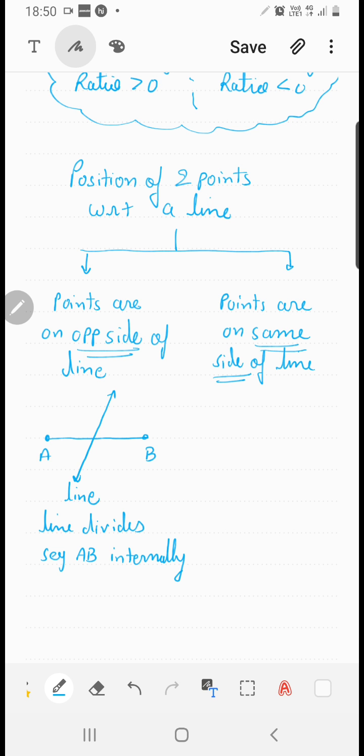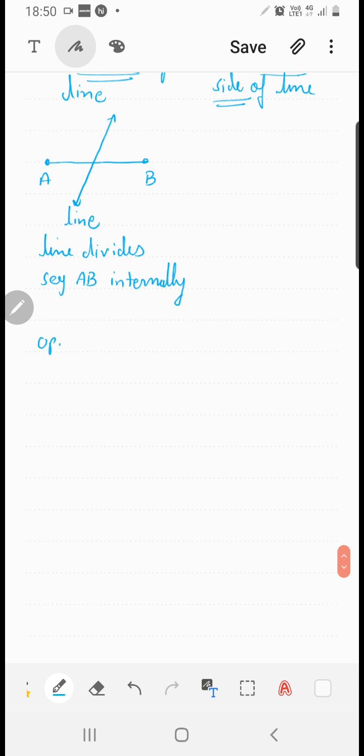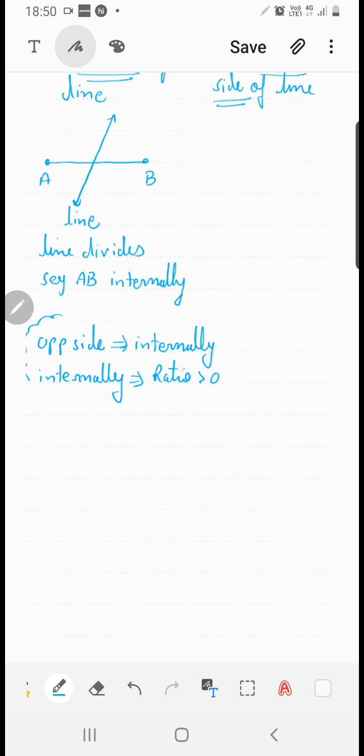Can I say the points on opposite side implies internally? So opposite side, this word if you find, implies internally. And just now we discussed that internally implies ratio greater than 0. So actually speaking, this is indirectly connected to the concept of ratio.